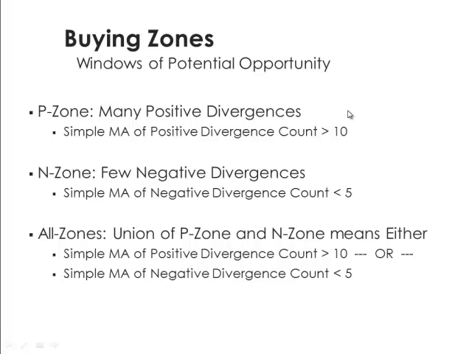And so the specific rules, I call them buying zones. They're kind of windows of opportunity, and when we have a lot of positive divergences, that's when the P zone is open, I would say. This means that taking a moving average of the positive divergence count and seeing that stay above 10 means there's a lot of positive divergences, relatively speaking, in the market.